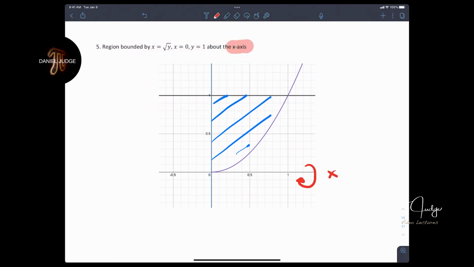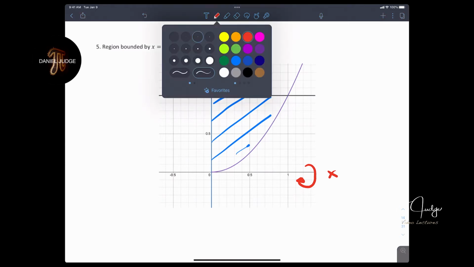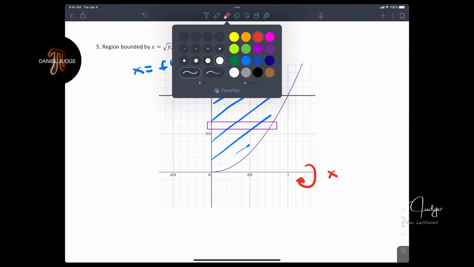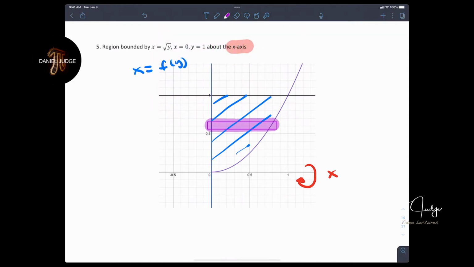Now, how this is different than before is, notice they're giving you x is some function of y now. And so our approximating rectangle is actually vertical. And that difference is a dy, delta y there.